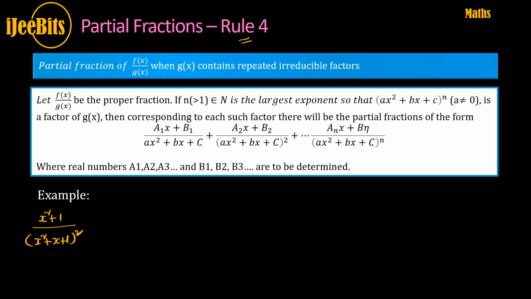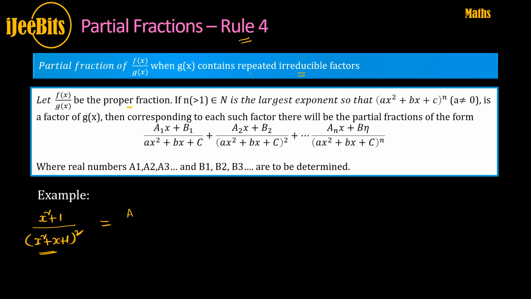Numerator degree is lesser than the denominator degree, and hence this is a proper fraction. Now this is an irreducible factor. Then we have a square, so it's irreducible and repeated in g of x for a given proper fraction. Then obviously you have to use rule number 4. How do you express this?